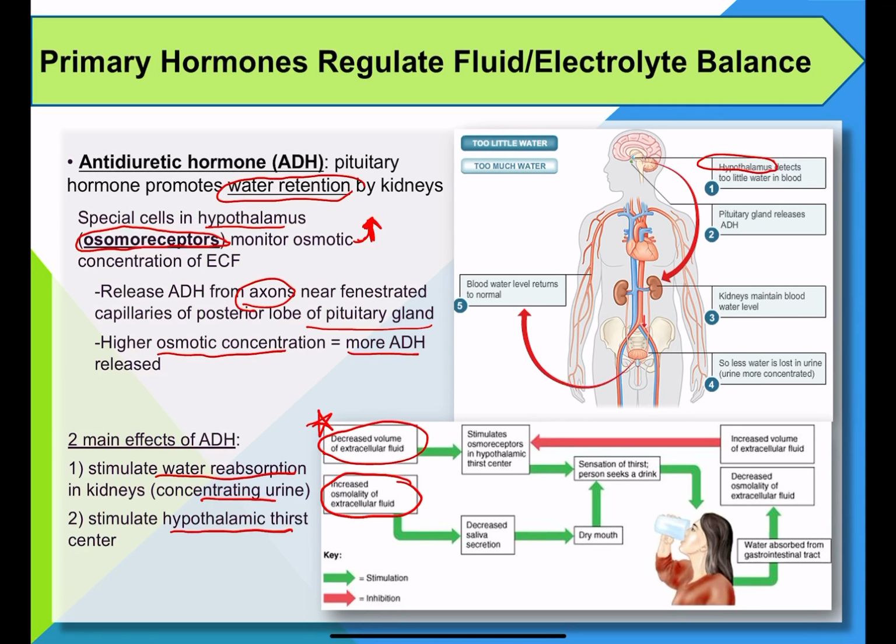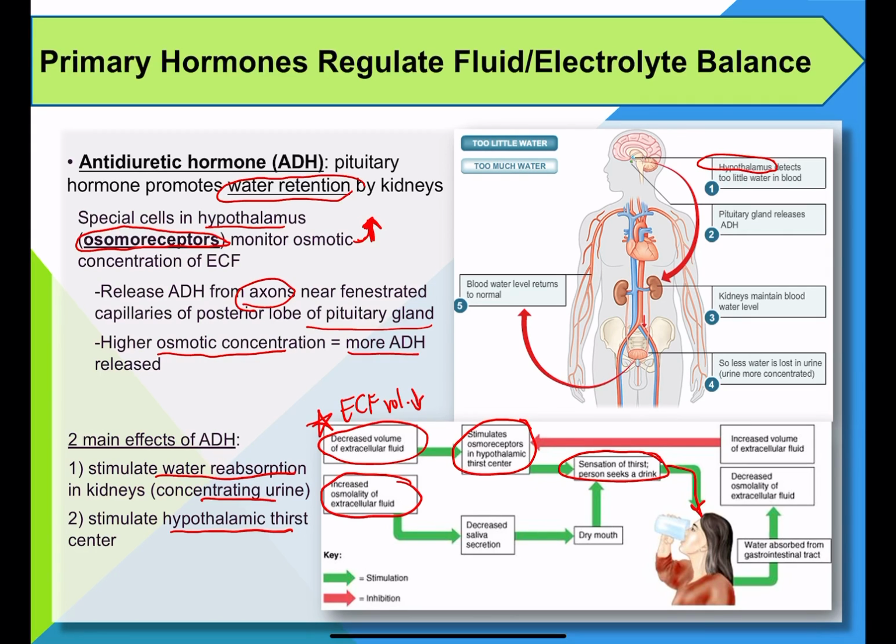So when your ECF volume decreases, that is basically increasing the solute concentration in the body. So that will stimulate your osmoreceptors in the hypothalamic thirst center to tell you that you are thirsty and you will drink water.